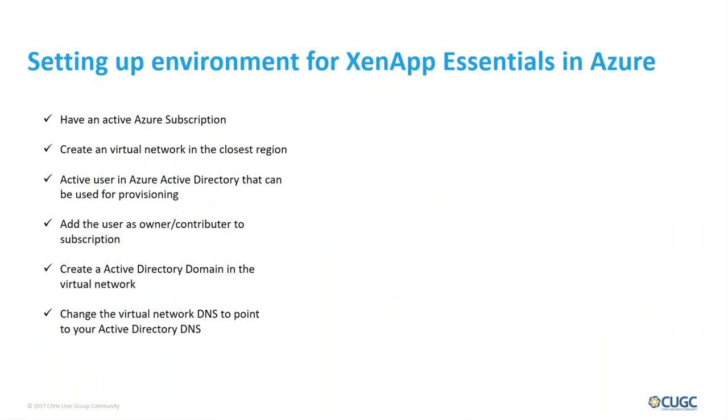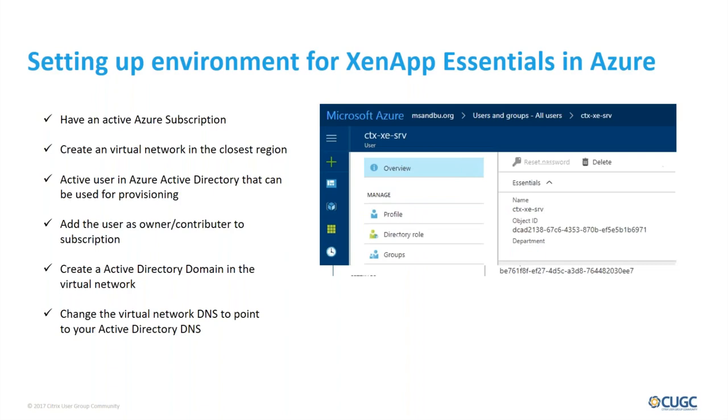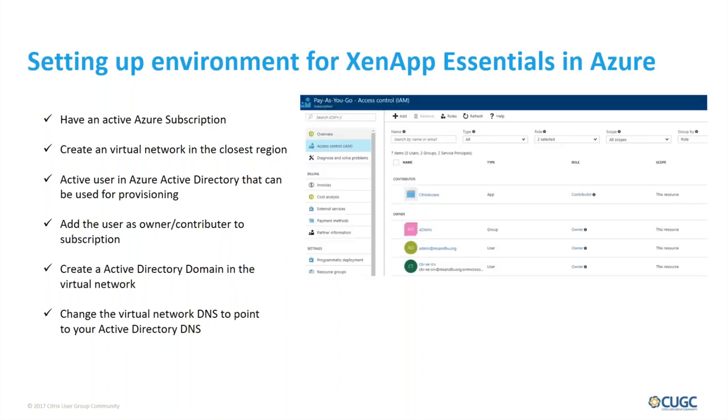So as I said, when it comes to XenApp Essentials, it was a question that came in earlier: do I have to think about management when I use XenApp Essentials? There are some things you need to manage on your own. In order to set up XenApp Essentials in Azure, you need to have an active subscription and a virtual network, but you also need to have an Active Directory domain controller inside the virtual network that you have, because when you set up XenApp Essentials, you specify which domain you want these machines to join.